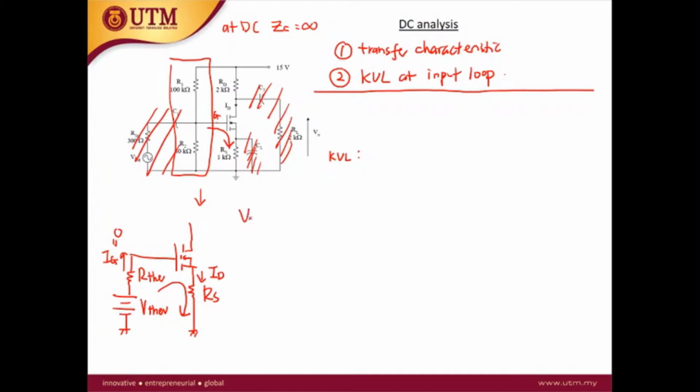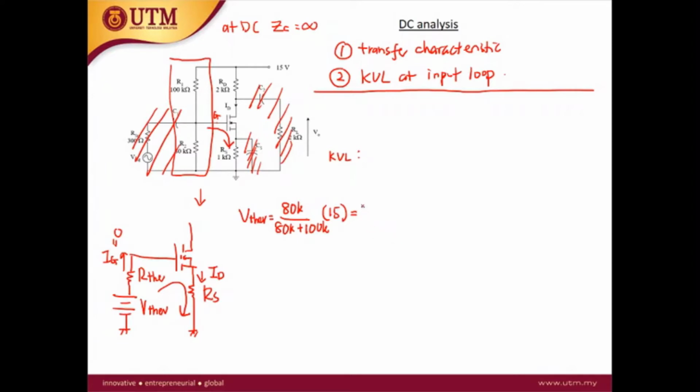So what is V Thevenin? V Thevenin is the voltage division at the 80 kilo ohm, or R2. So this is 80 kilo over 80 kilo plus 100k, times the total voltage of 15, which is 6.67.